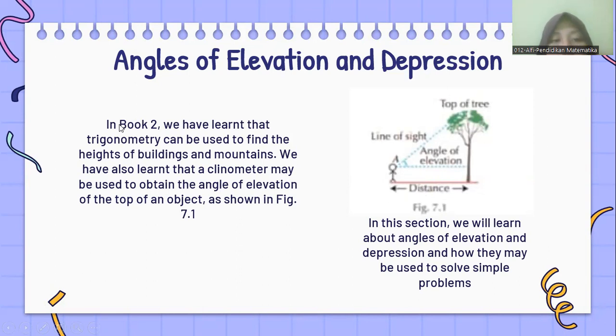In book 2, we have learned that trigonometry can be used to find the heights of buildings and mountains. We have also learned that a clinometer might be used to obtain the angle of elevation of the top of an object, as shown in figure 7.1.